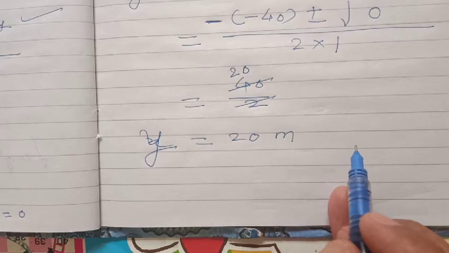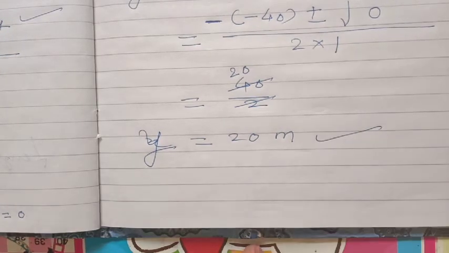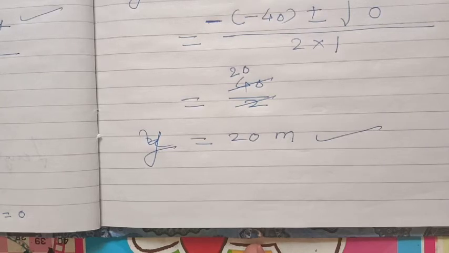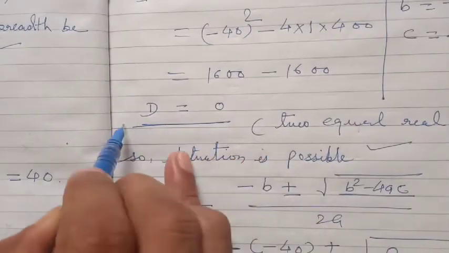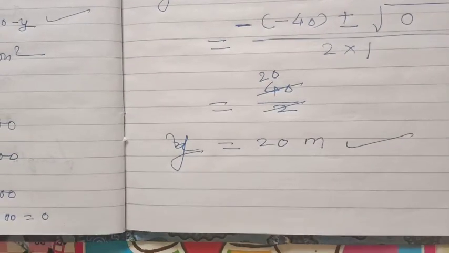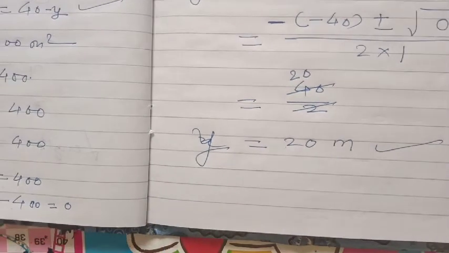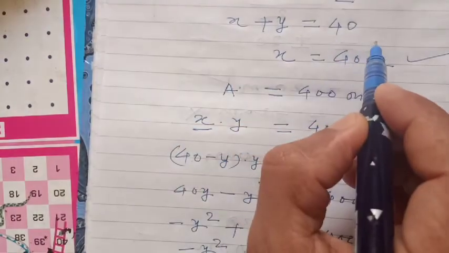Now come on, what is y? y is here the breadth. We already got the breadth, 20 meter. Now time for the length. But according to that situation, roots are equal. It means the length also will be the same. But let us take and find it. How? In this situation x plus y is equal to 40.